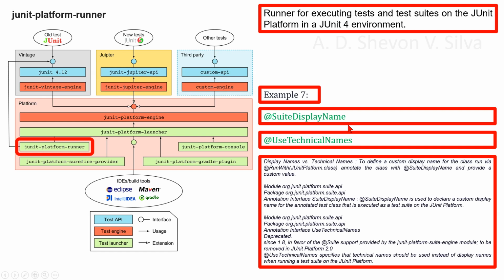The annotation interface @SuiteDisplayName in package org.junit.platform.suite.api, in module org.junit.platform.suite.api, is used to declare a custom display name for the annotated test class that is executed as a test suite on the JUnit platform.